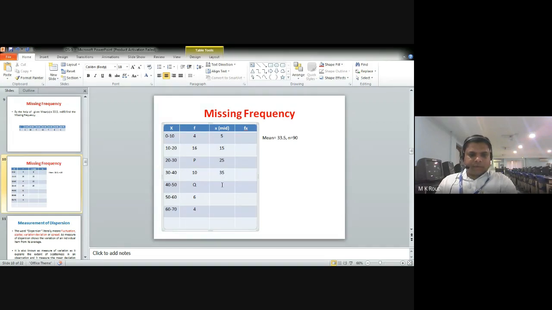Next one is 35, 45, 55. And the last one is 65. Then multiply f into x. First, for the 4 it is 20. The next one is 16 into 15, that is 240.